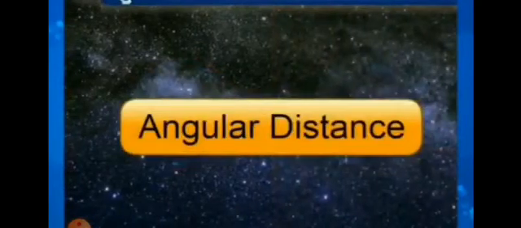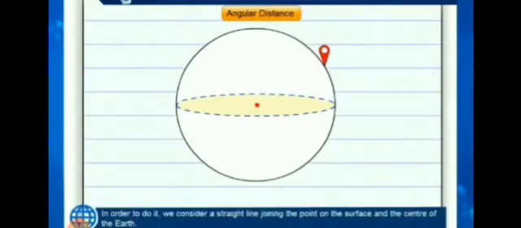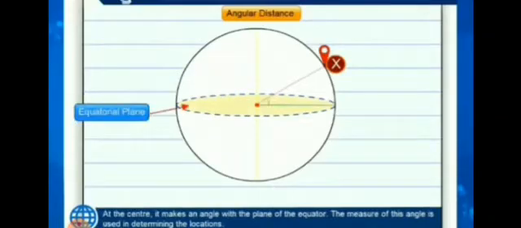Angular distance. The location of any place on the earth is determined with reference to the center of the earth. In order to do it, we consider a straight line joining the point on the surface and the center of the earth. At the center, it makes an angle with the plane of the equator. The measure of this angle is used in determining the locations.